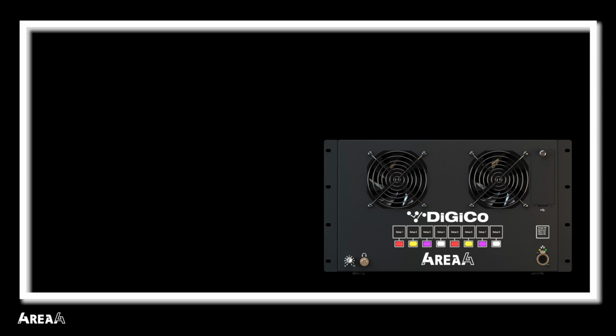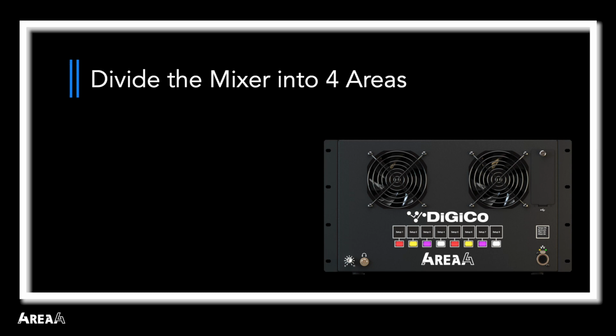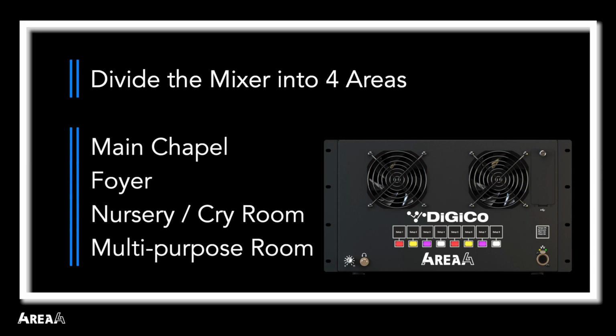These input channels and buses can be divided into 4 different areas, hence calling it the Fourier 4, each area having its own dedicated stereo output bus. Typically, these areas would be set up as different physical rooms. In a house of worship scenario, this could be your main chapel, foyer, nursery or cry room, and maybe another multi-purpose room altogether.